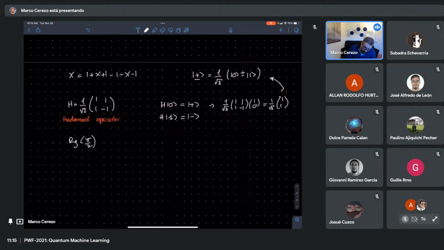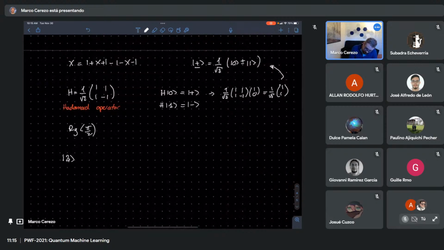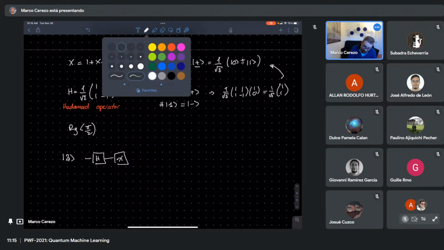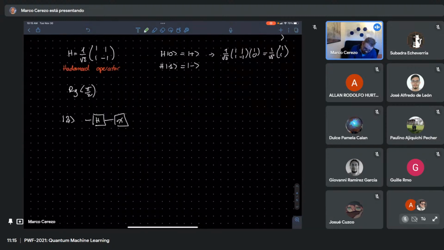But for now, what we know is that in a quantum circuit, this is going to look like this. I'm going to send my state through the Hadamard gate, and then I'm going to measure. So we can interpret this circuit in two forms. One, we can think about this as an effective measurement in the X basis, where we just put everything together.